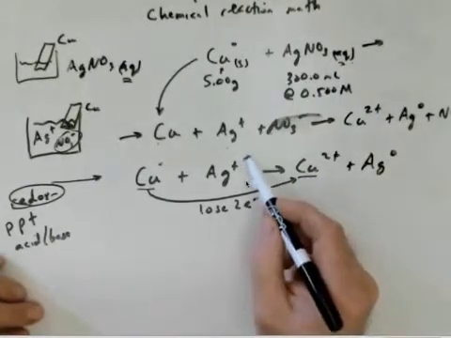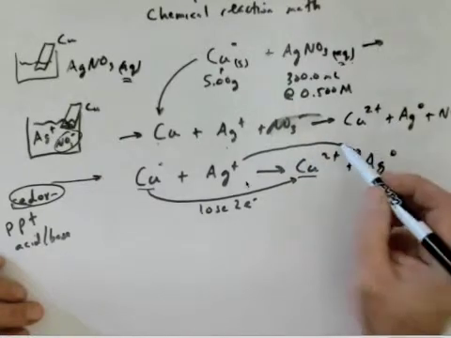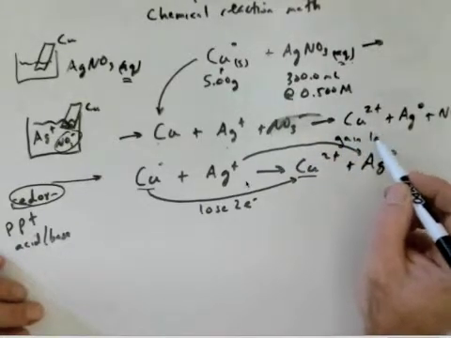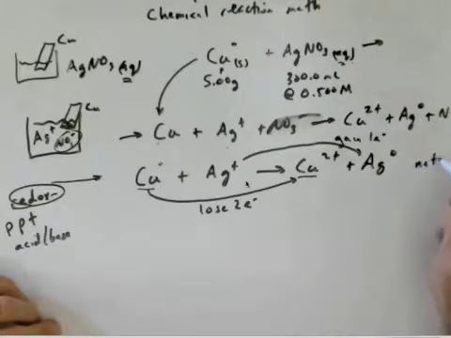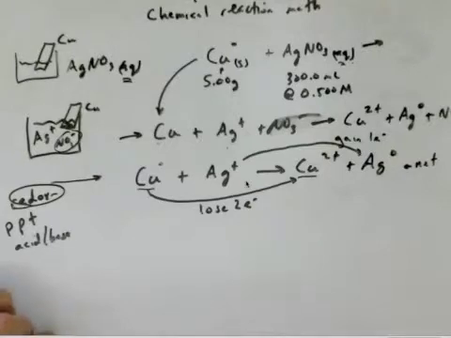And the silver ions must have gained 1 electron to get from a +1 to a 0. Now you cannot have the electrons gained not equal the electrons lost. And so we learned how to balance the net ionic equation by looking at the electron change.